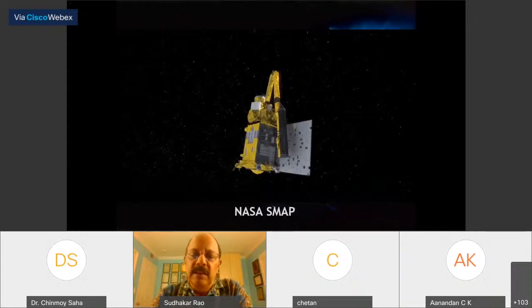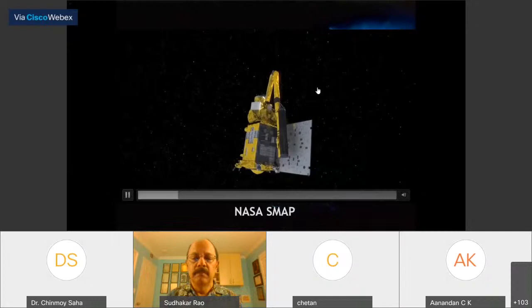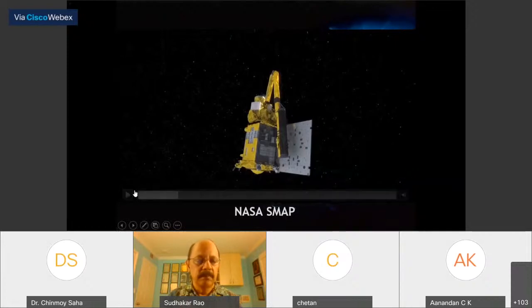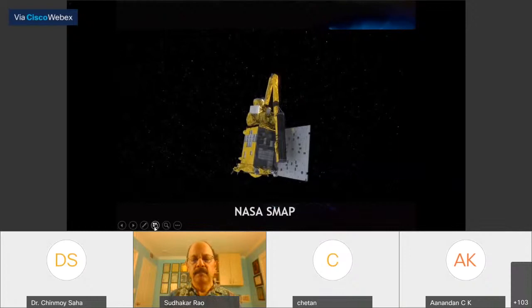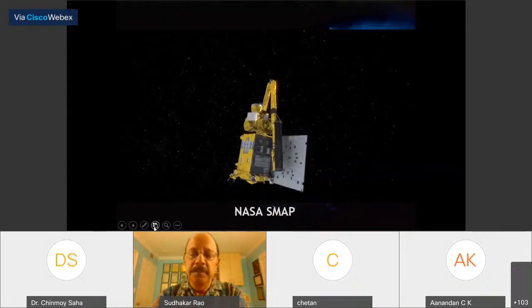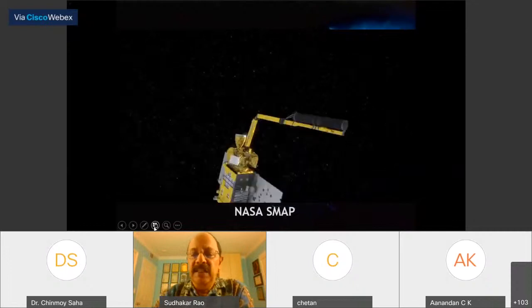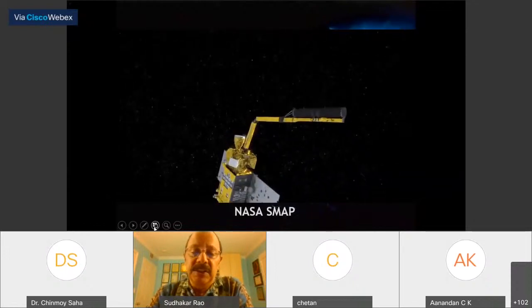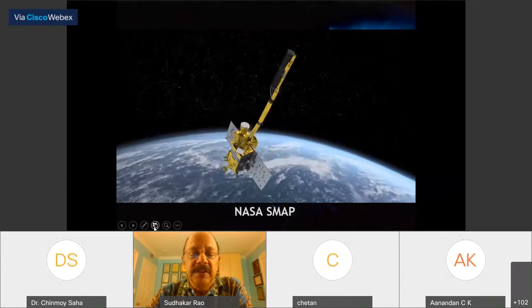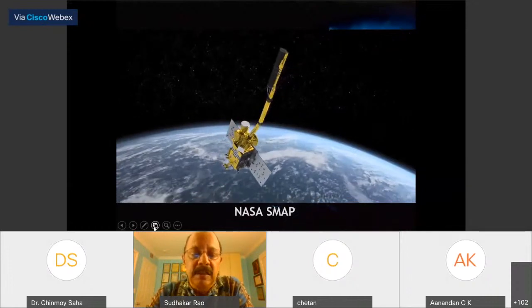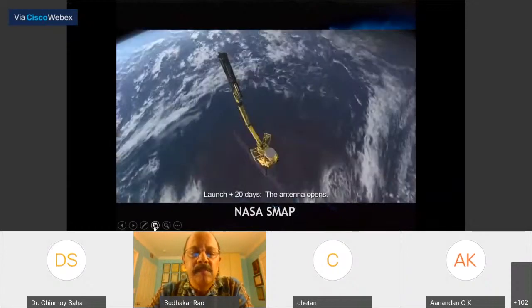You can see the reflector, and the boom is deploying now. The cylinder is where you have the 16 reflector. And you can see the feed with the thermal cover on the deck.